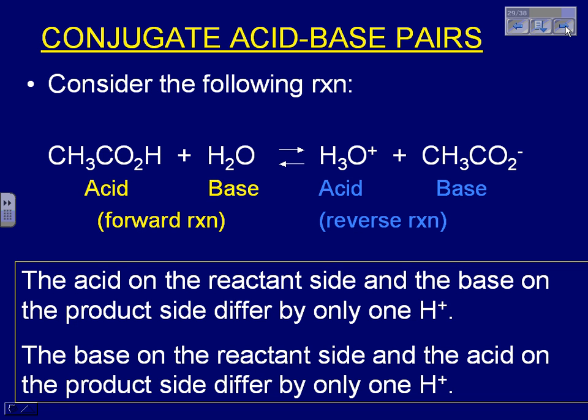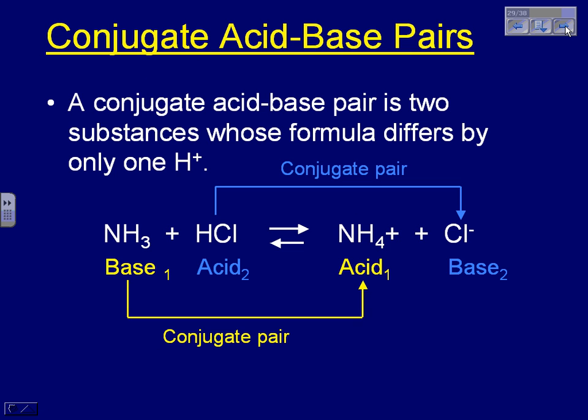So I don't think we need to write this down. We've talked about conjugate acid-base pairs. Actually, let's maybe write this one down officially, because I didn't write down officially what a conjugate acid-base pair is. But it's the pairing of the base becoming the acid and the acid becoming the base. In this case, the 1 and the 2 simply represent the first pair and the second pair.